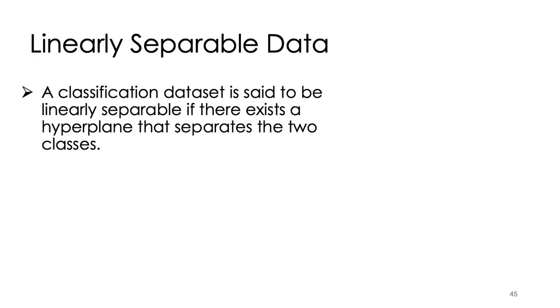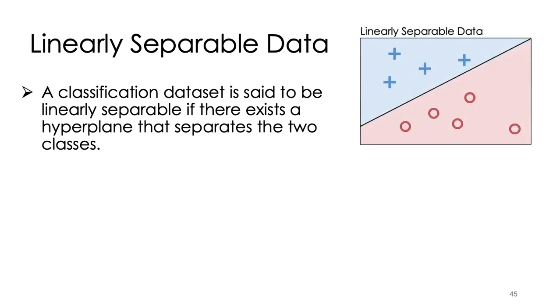So linearly separable data look like this. In this picture, we are imagining we have two covariates, so one on this axis and one on the other. And you can think of these as the ones and these as the zeros. On the plane, the ones are in this upper triangle and the zeros are in the lower triangle.